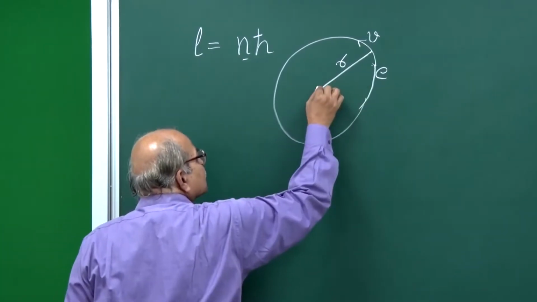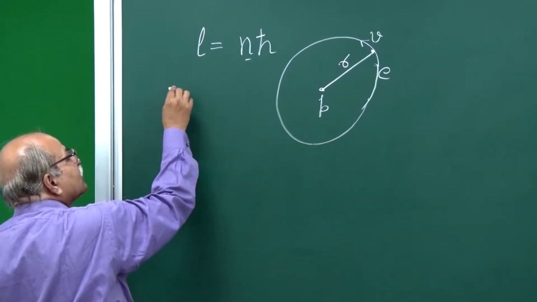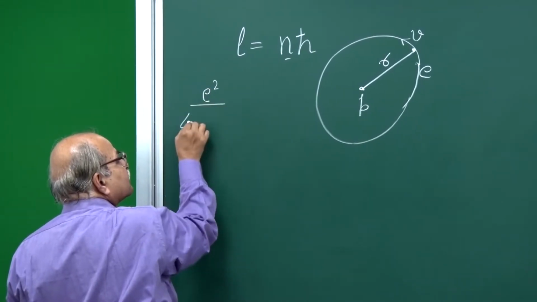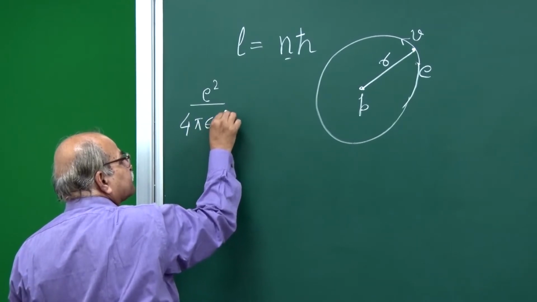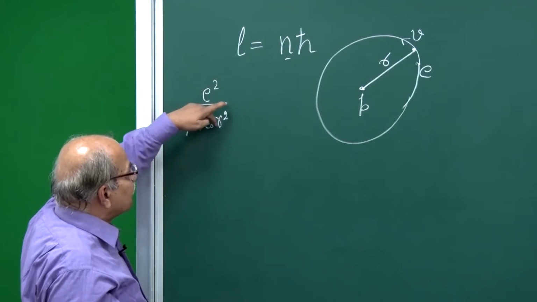The force towards the center is Coulomb's force, q1 q2 by 4 pi epsilon naught r square. So, this is e square over 4 pi epsilon naught r square.